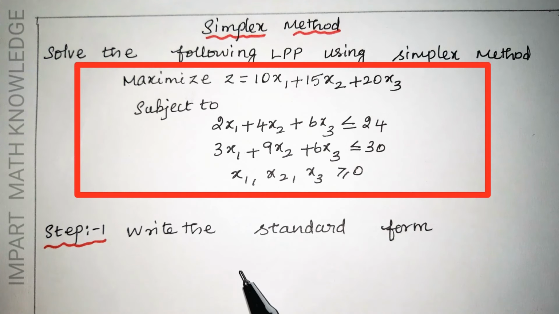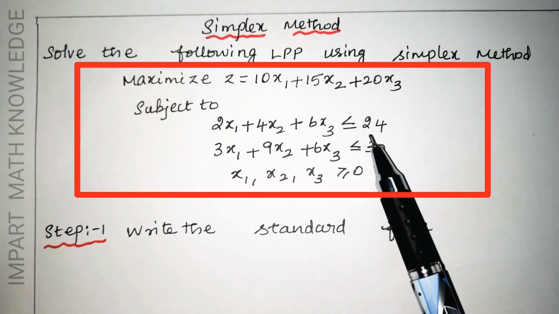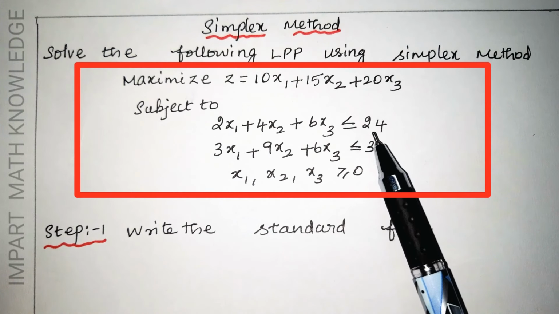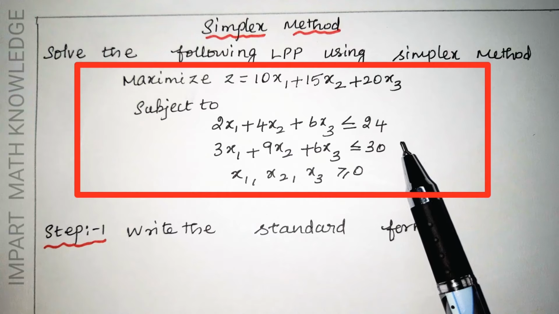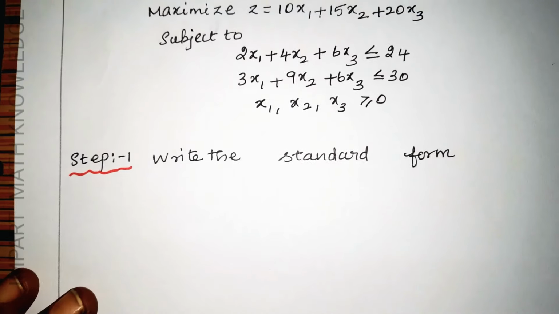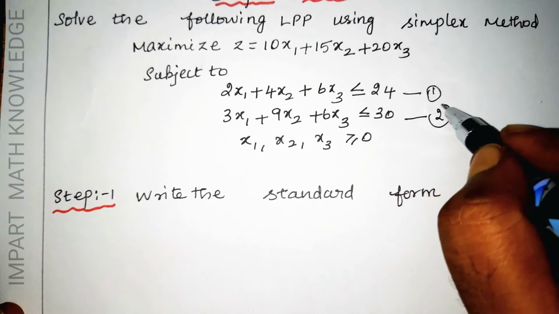First step, we have to write the standard form. Here both the constraints are less than or equal to type. So we have to add the slack variable s1 and s2 to make it an equal form. This is first condition and this is second condition.